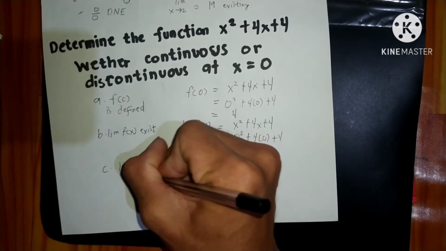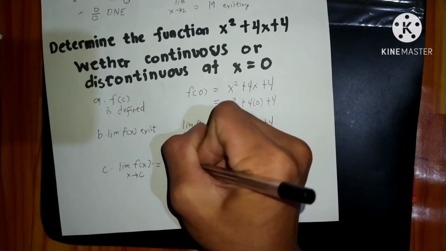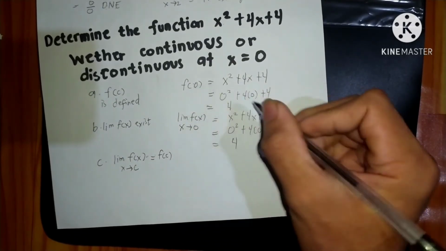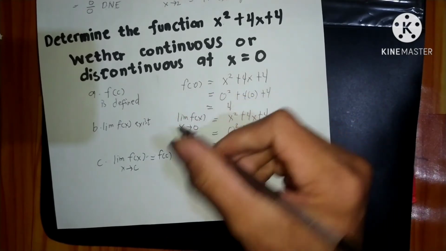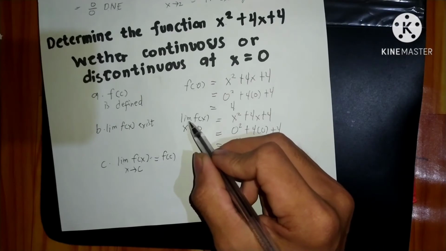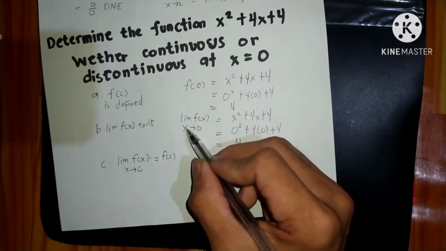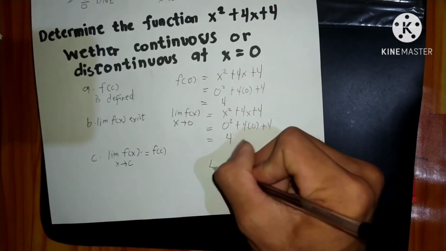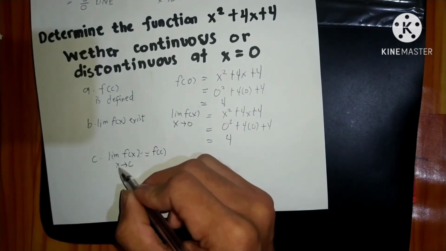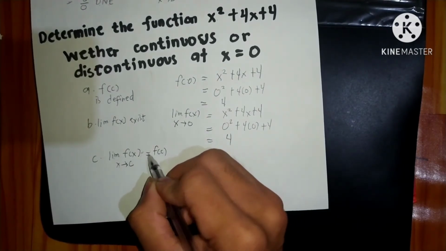For letter C, limit f of x as x approaches c is equals to f of c. So, nakuha na natin. 4 yung nakuha natin sa f of c. So, ang limit natin kanina dito sa limit f of x as x approaches 0 is equals to 4. So, ang sabi dito, limit f of x as x approaches c is equals to f of c.